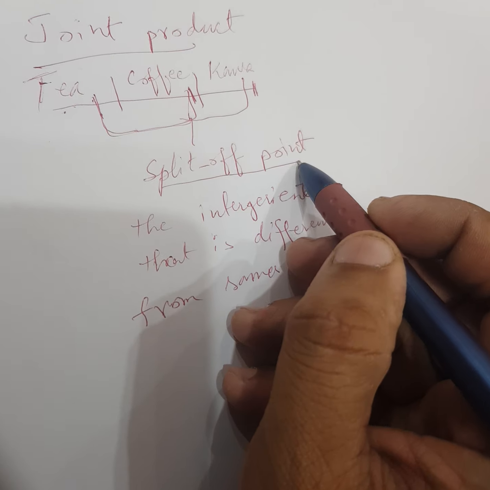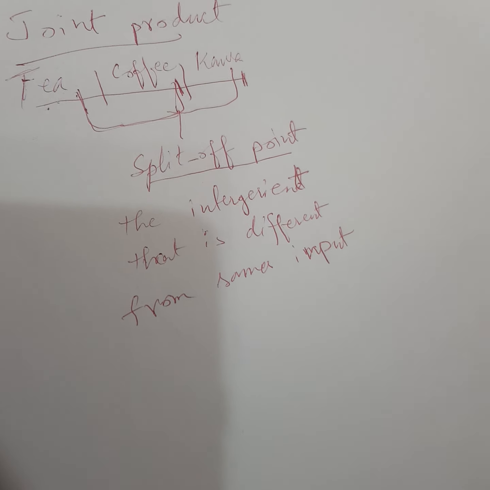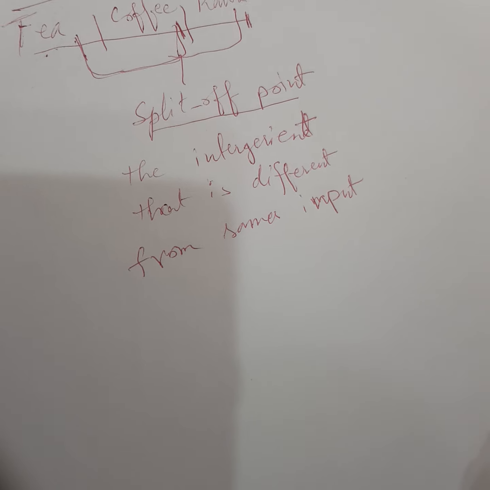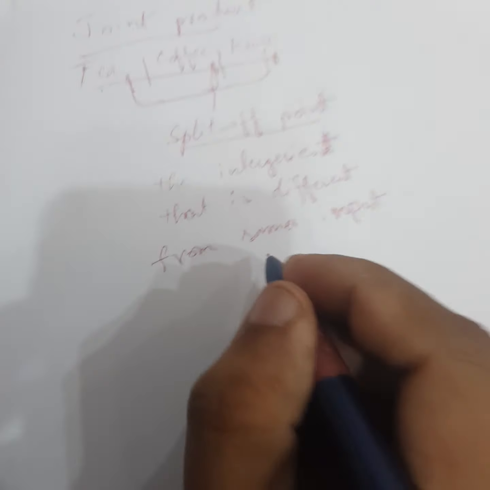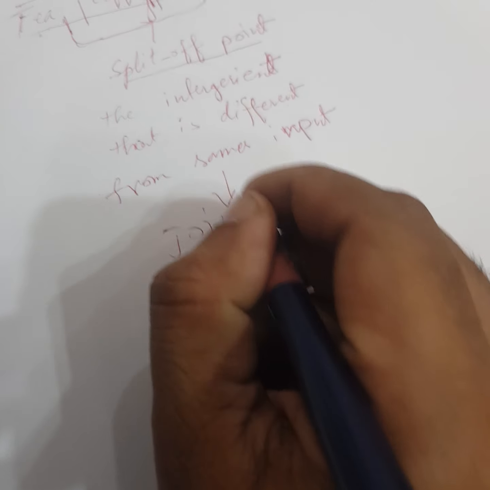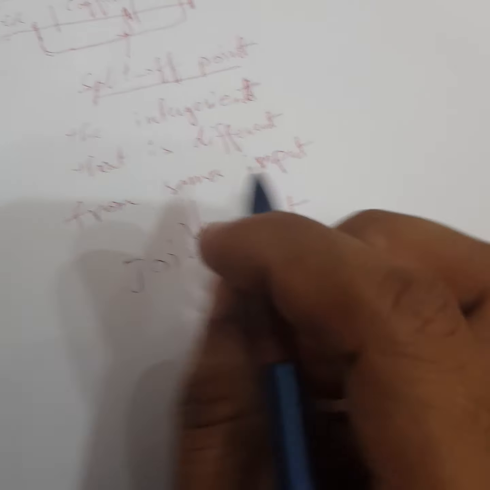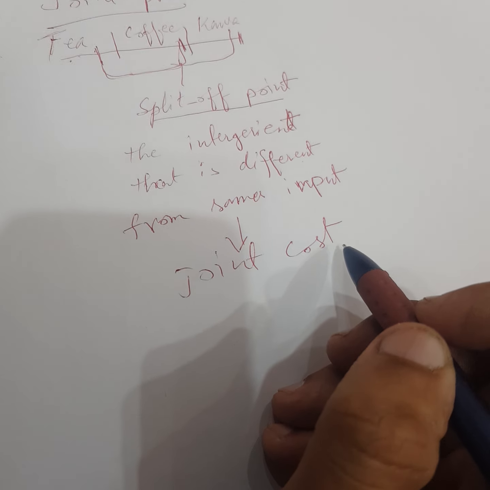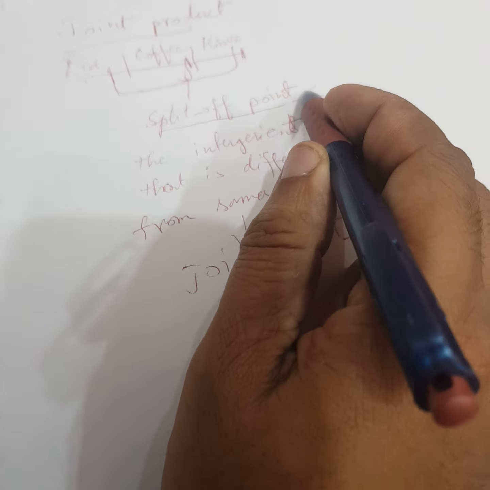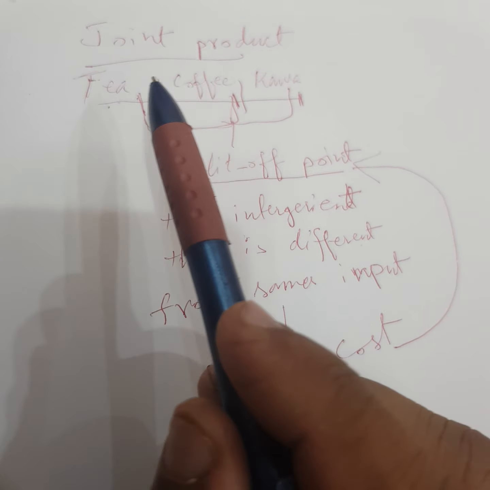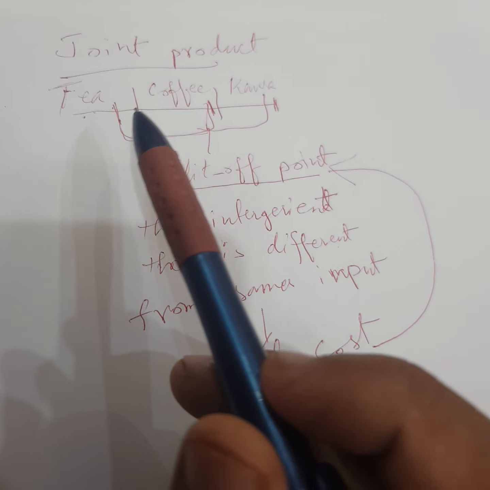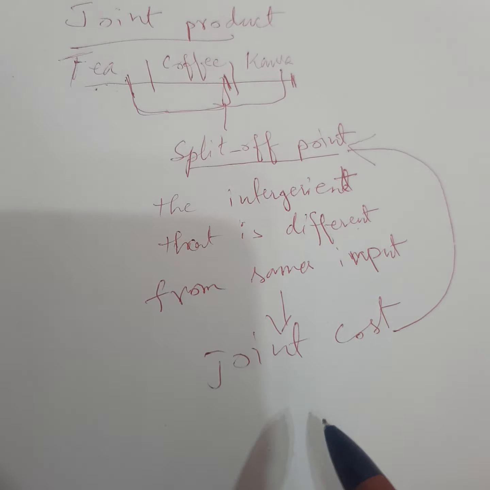By using the split off point, we will be able to calculate the cost that is used to describe the split off point. It is called joint cost. Joint cost is that cost that is utilized to show the split off point. Like the joint cost of joint product is, for tea, the tea bag cost.